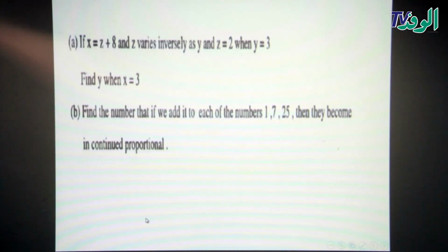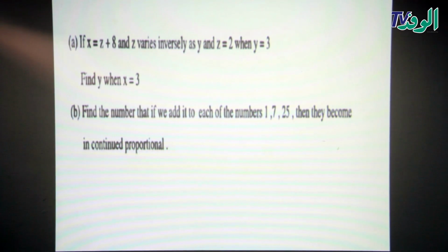Let's start number 2. A. X equals z plus 8 and z varies inversely as y. Z equals 2 when y equals 3.